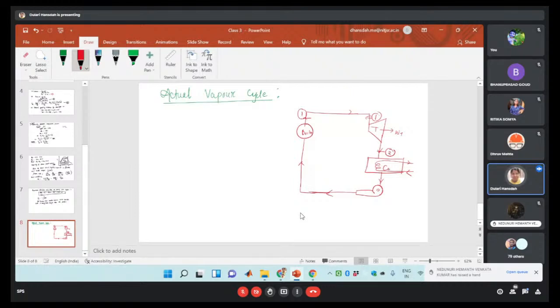This is your condenser. A condenser will process two to three. Okay, so then it is four.